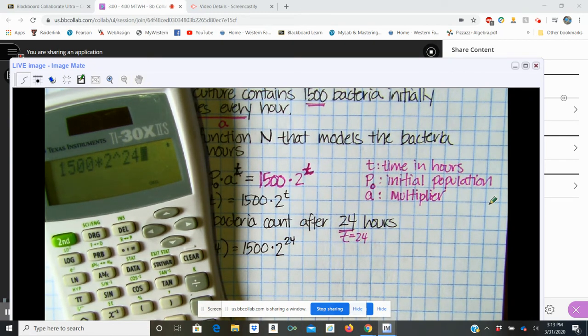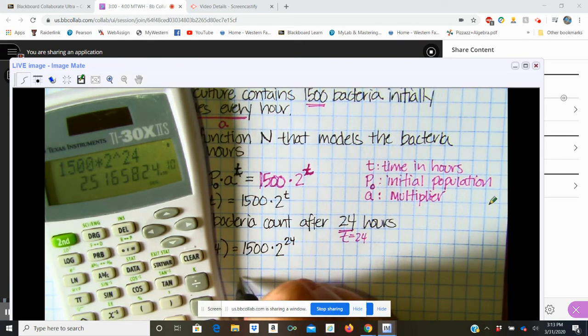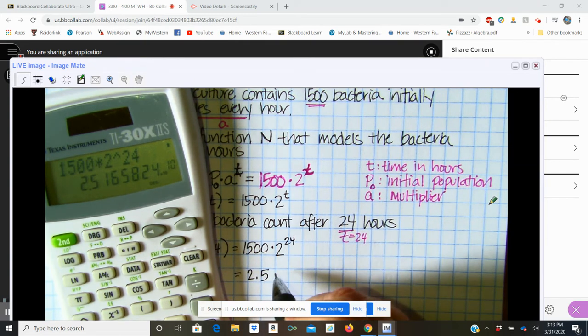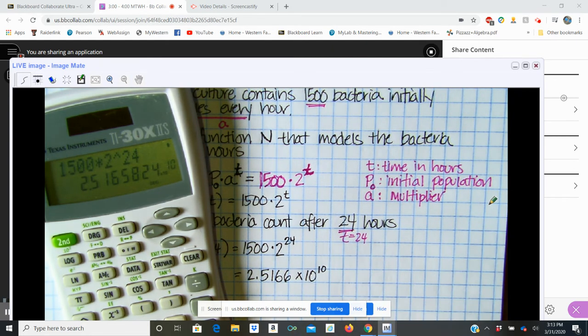And then all I'm doing is plugging that into my calculator. It's going to give me some incredible number, which is 2.5166 times 10 to the 10th.